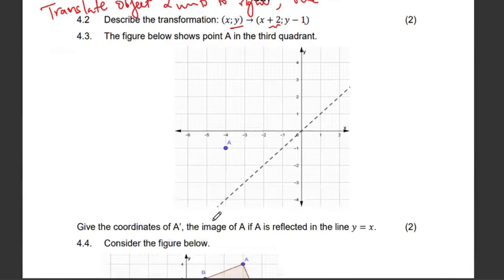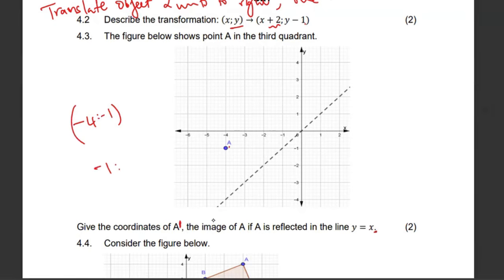Then 4.3, figure below shows point A, which is here. Give the coordinates of the image that is reflected about Y is equal to X. Now, if this point is -4 and -1, all you have to do is flip this.